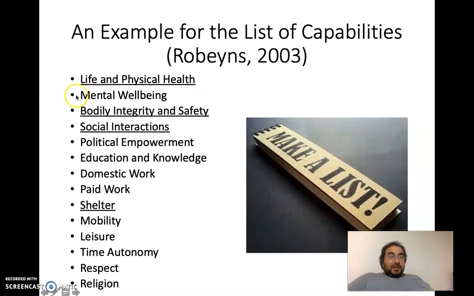Life and physical health, mental well-being, bodily integrity, safety, social interactions, political empowerment, education and knowledge, domestic work, paid work, shelter, mobility, leisure, time autonomy, respect, religion.